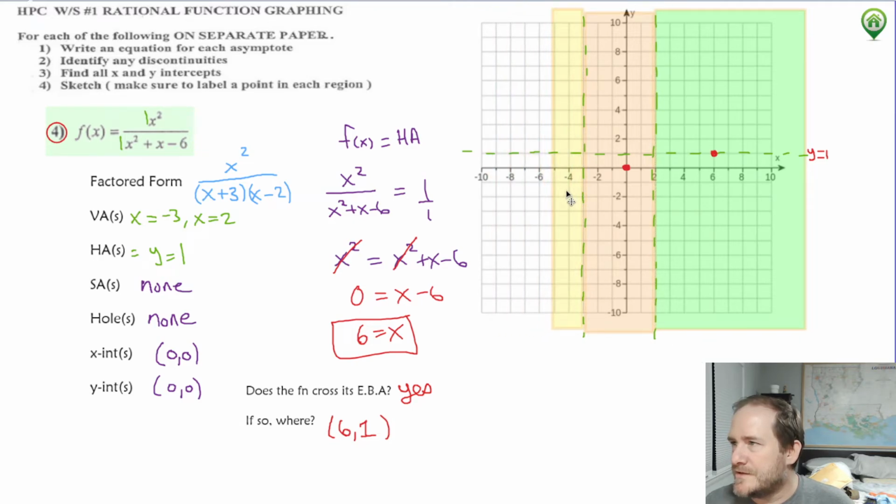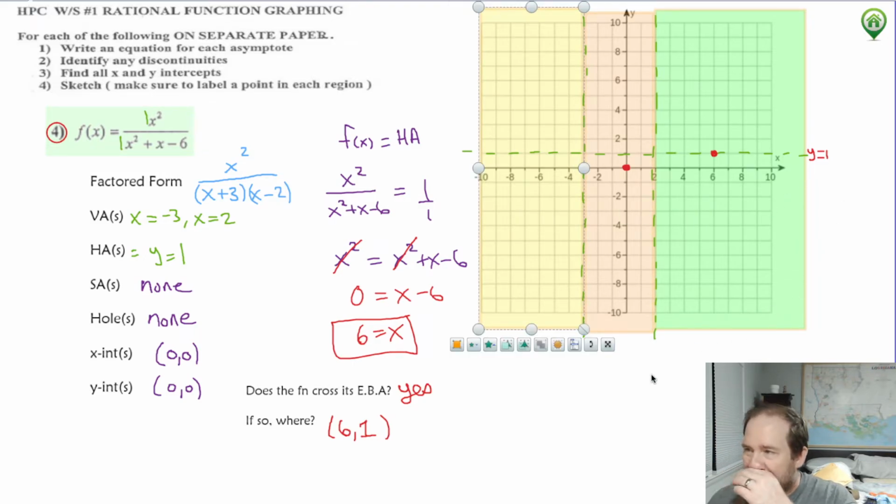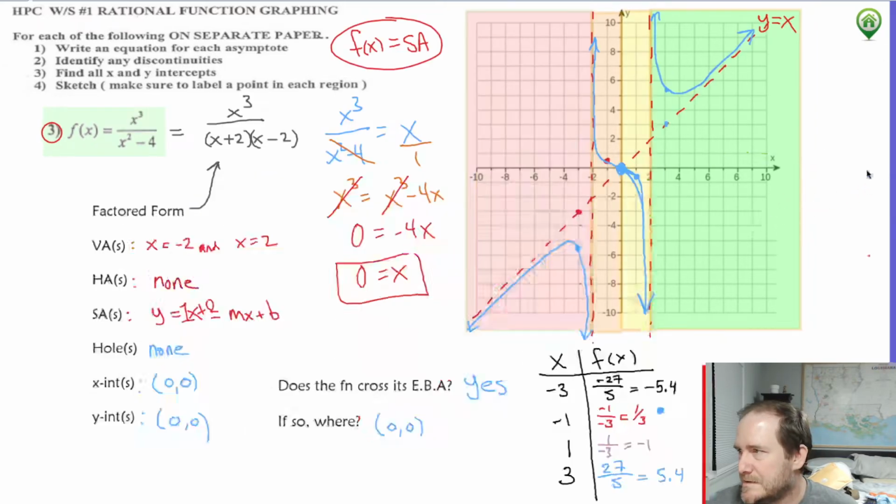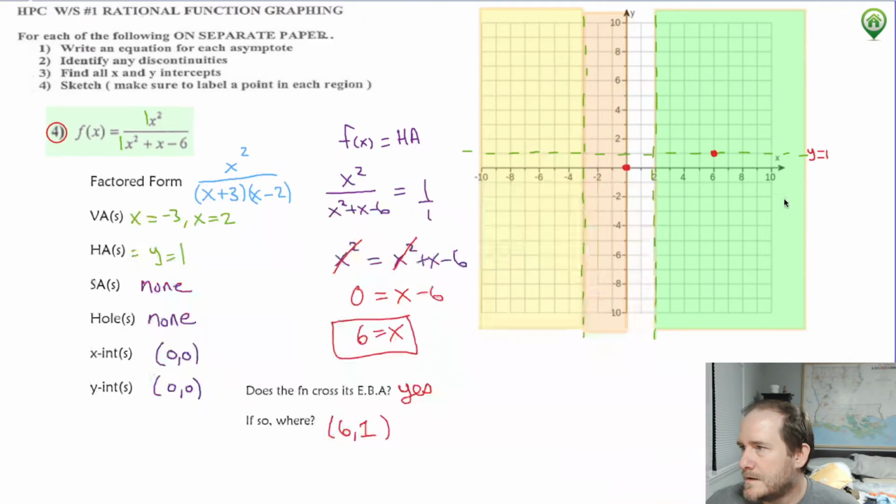I have the region to the left of that asymptote, and I have the region to the right of the other asymptote. And I guess I did say that technically I'm supposed to care about this x-intercept, and so maybe actually I do need this guy too, because maybe I am supposed to care about what's happening. Paste.